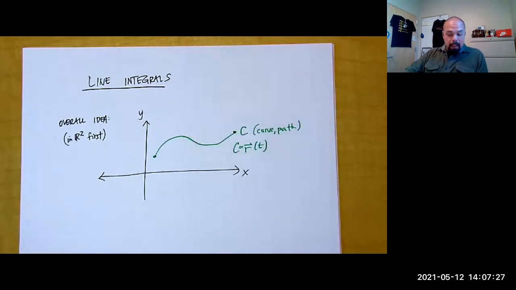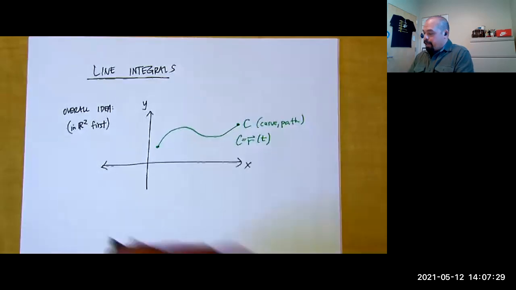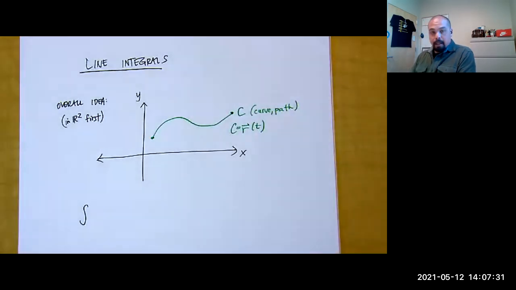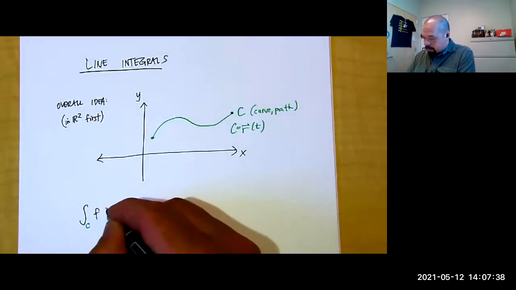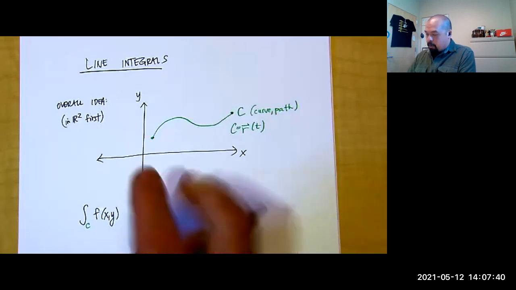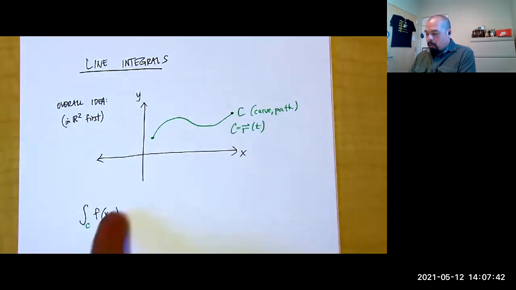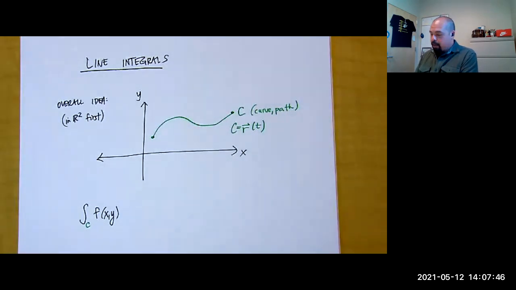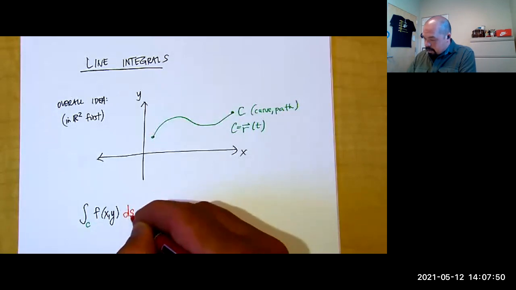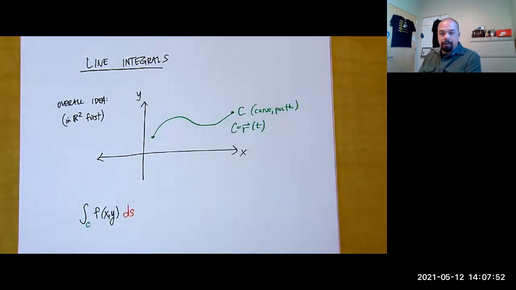But now what we're going to talk about is that we're going to want to integrate over that path C some function. We'll start off with our f of xy, right? Because depending where we are on that path, we have some function acting on that curve. And what we're going to use is this ds component. But this is our line integral.